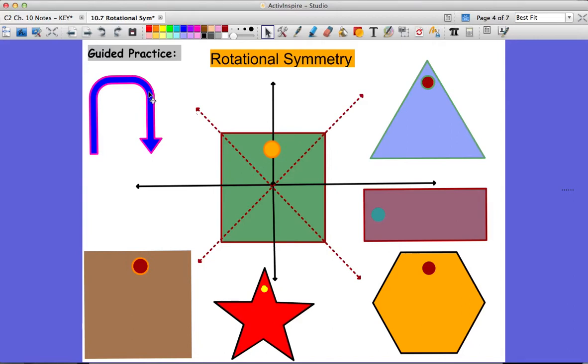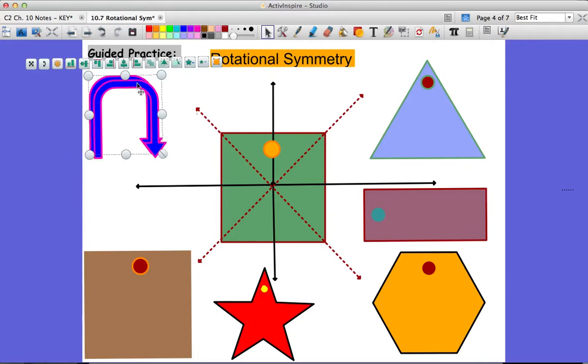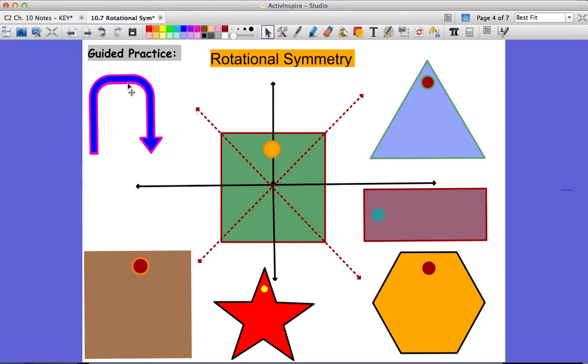Okay, so let's try a couple of these. If I take this shape and I rotate it 90 degrees, okay, I'm actually going to copy and paste. That might help a little bit. Right, so if I take the original shape, now if I rotate this 90 degrees, does it match up with the original shape?